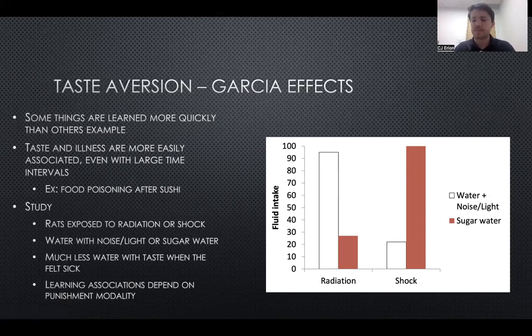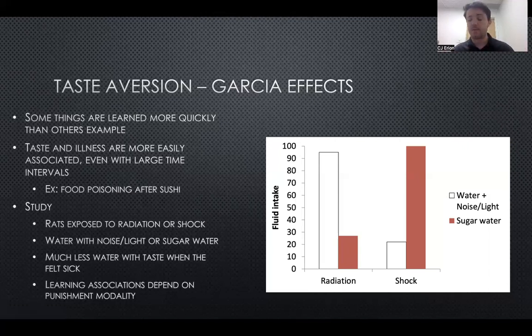So in this study, rats were exposed to either a little bit of radiation or a shock. And obviously that radiation is going to make them feel sick. And then they also had either just general water that was paired with a noise or light, or instead they just had sugar water. And as you can see, the rats would then intake much less water with that taste, with that sugar, when feeling sick.